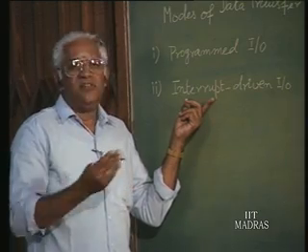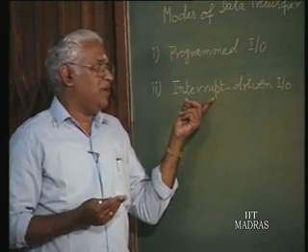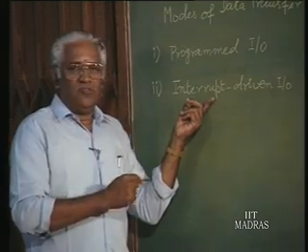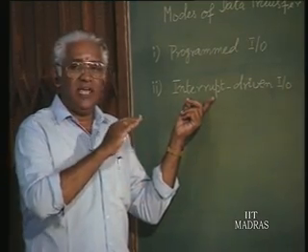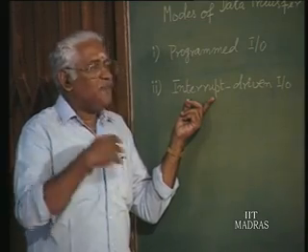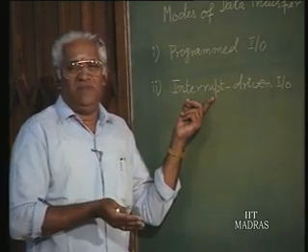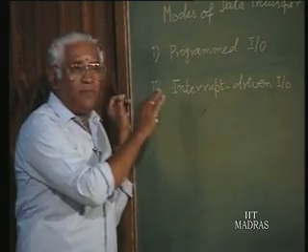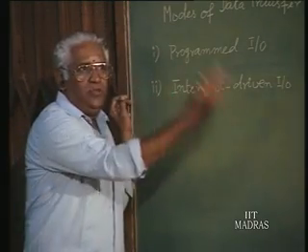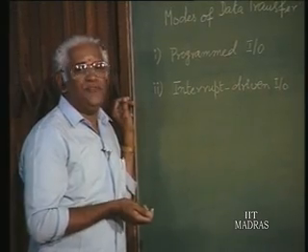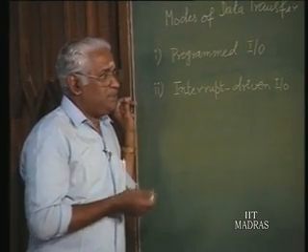We can call it a main processing or a main program, and then when the device interrupts, the CPU's attention is turned away from the main program to the service program meant for that particular device. So, here also we talk about a switch from the main program to the device interrupt service program, or generally called an interrupt service routine.